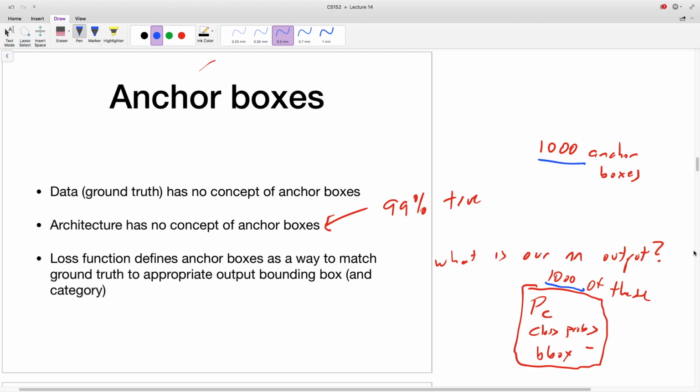Okay? And then your loss function is forcing it to specialize particular anchor boxes to particular indices of outputs to particular areas. Questions? Okay.